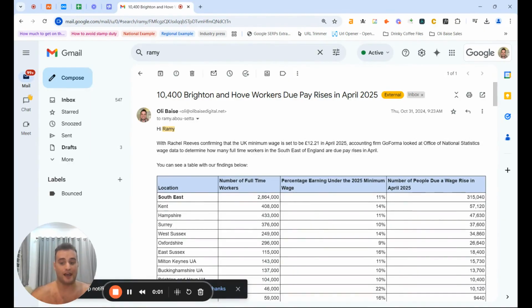Okay, so one problem that I had with this campaign is that every single journalist who published my article and my data did not link back to the landing page. So this is how I did my link reclamation.